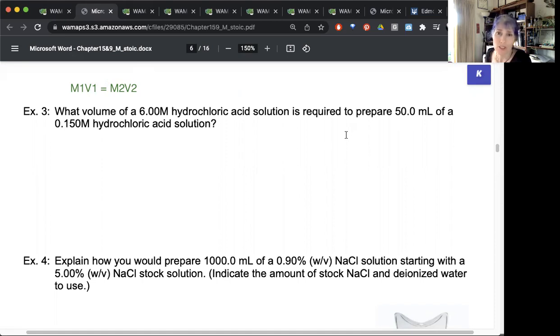For example, if you're setting up a lab for students, you might take an amount of the concentrated stock solution and dilute it to a larger amount for students to use in their experiments.